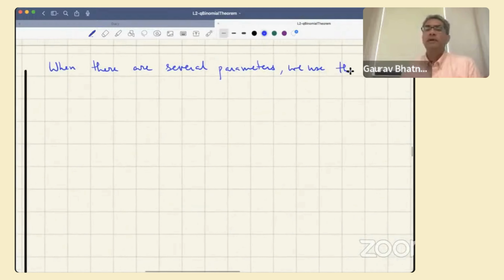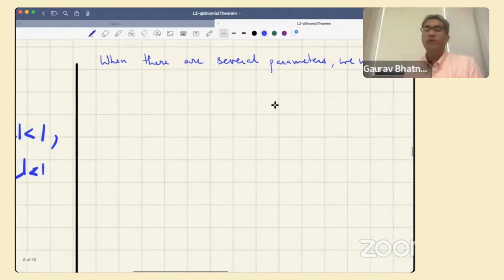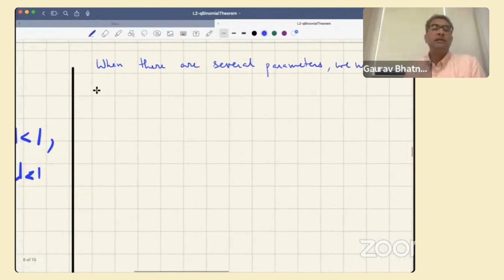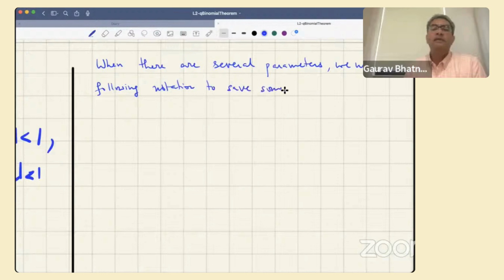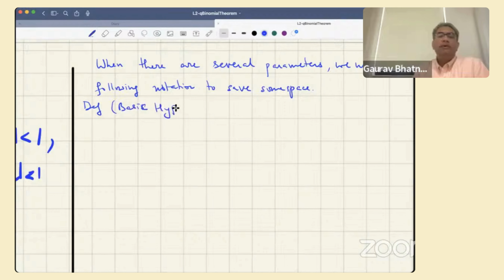We use the r-phi-s notation, the following notation to save some space. So let me define it. And this is the basic hypergeometric series.